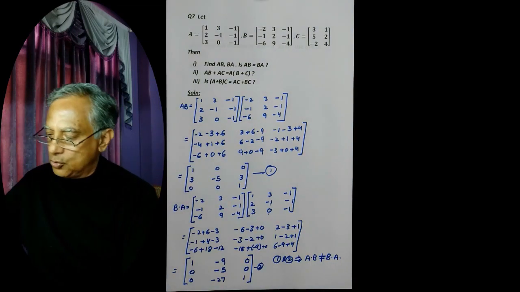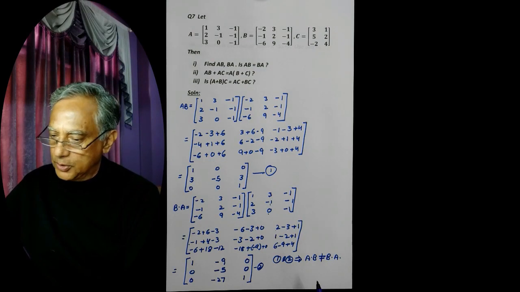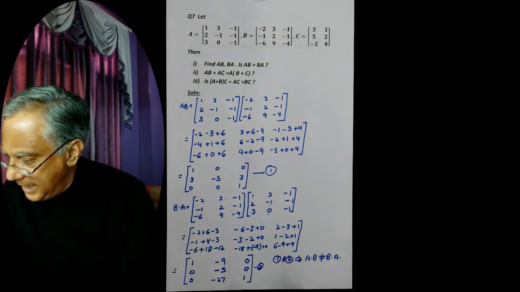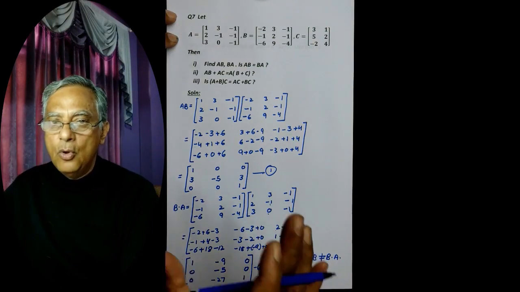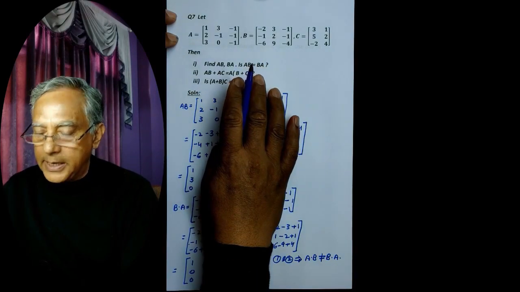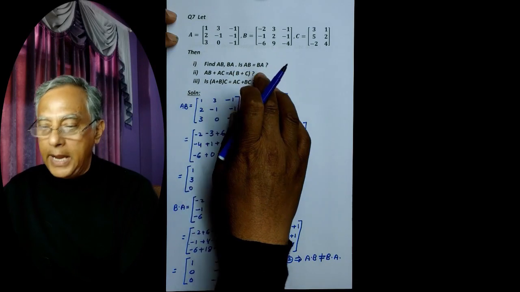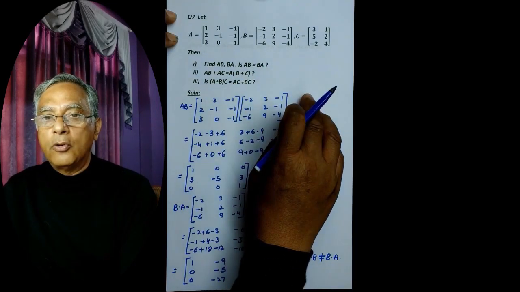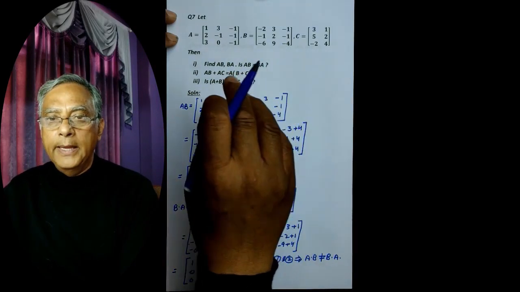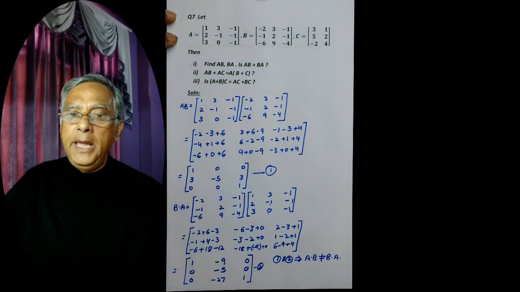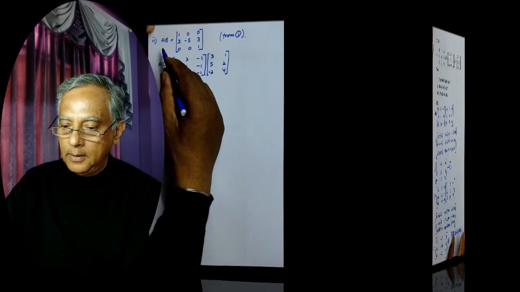So these two matrices are not equal. So the second important thing we now have studied is commutative law is not true. A into B is not equal to B into A. Order of multiplication cannot be interchanged.